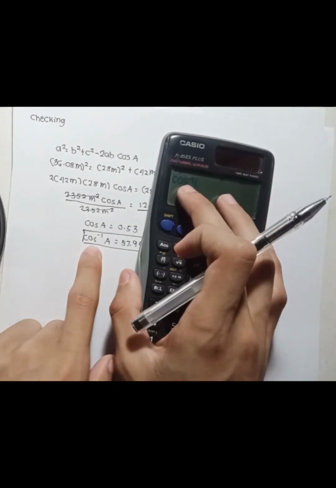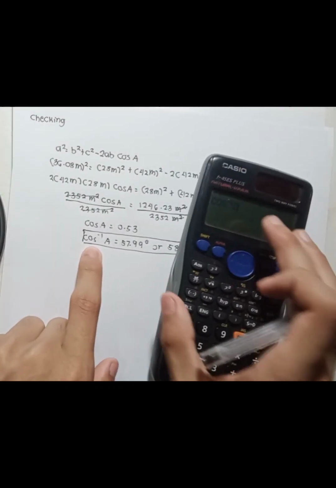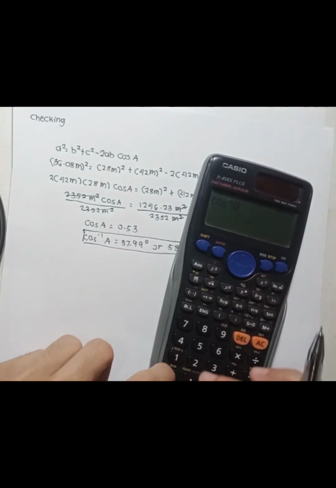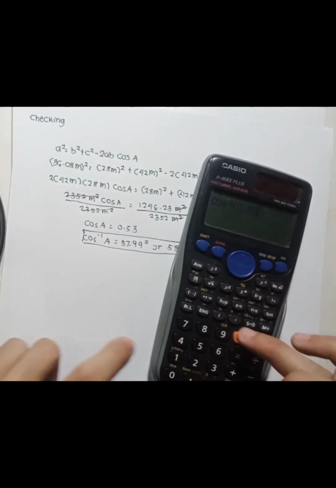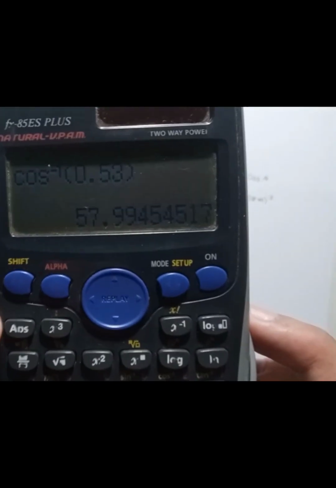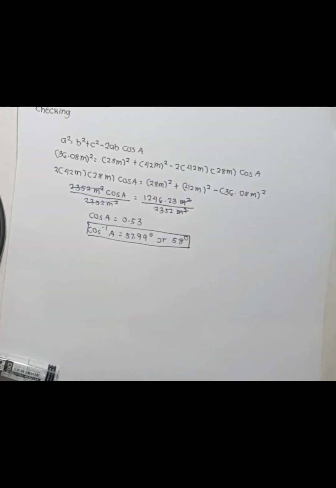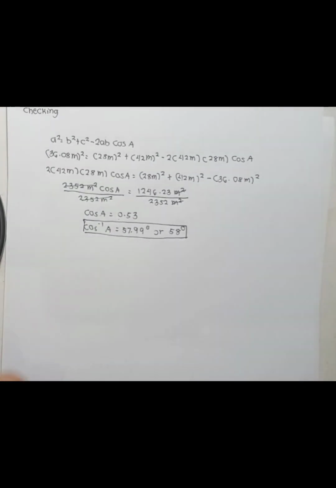So, magiging negative 1 yung cosine niya. And ito, gagamitin natin 0.53. Okay? And you will get answer of 57.99 or 58 degrees. So, tama yung solution natin for that.